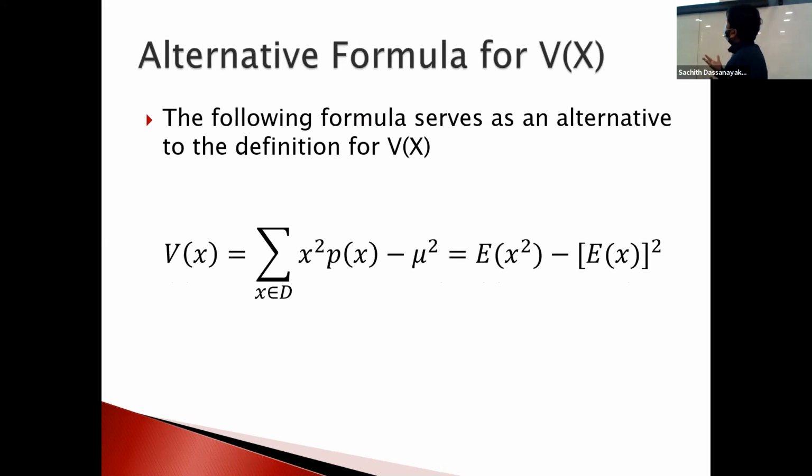Or we can simplify the previous expression a little bit and get the expected value of X squared minus the expected value of X, entire thing squared. In general, we use this one and the previous expression as well.